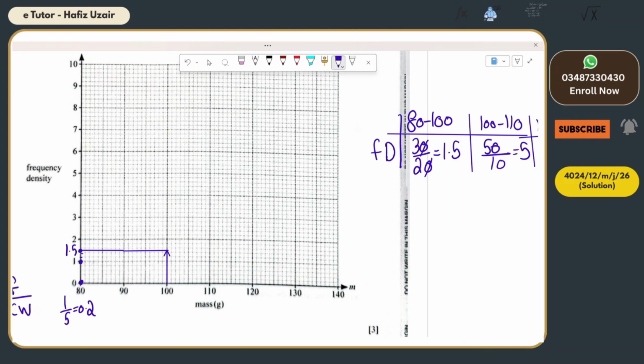This is 1.5. Now from 100 till 110, you have 5.